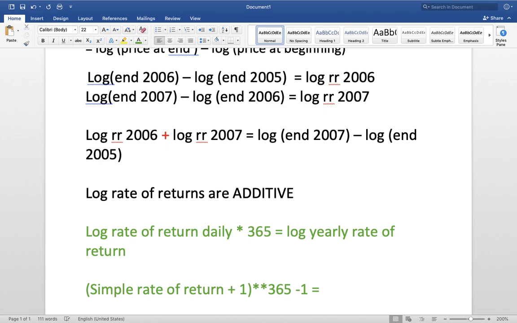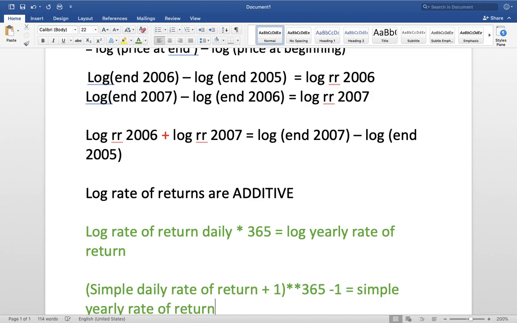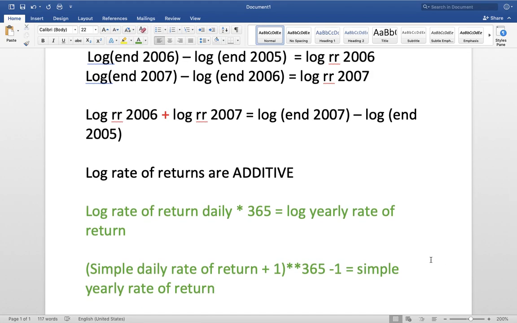This is the simple daily rate of return, and this is the simple yearly. This is what I was talking about before: summing up small periods such as 365 days, for the log it's easy. You sum up the periods, or if you suppose that they are the same, you just multiply by 365. For the simple rate of return, you have to do something much more complex, a power, which can sometimes create big rounding problems if the simple daily rate of return is very, very small.